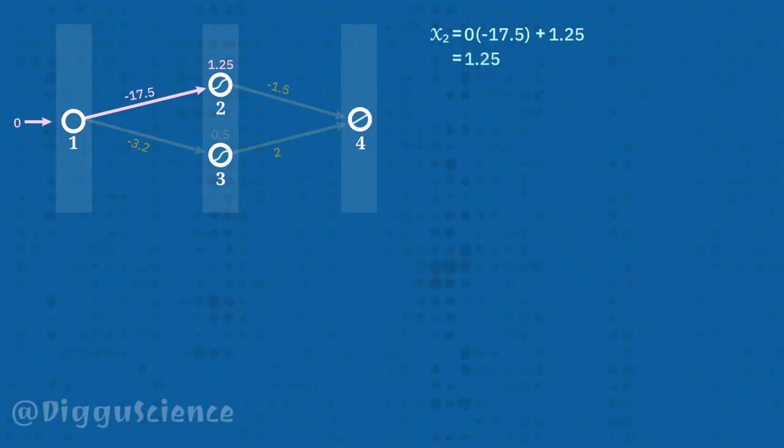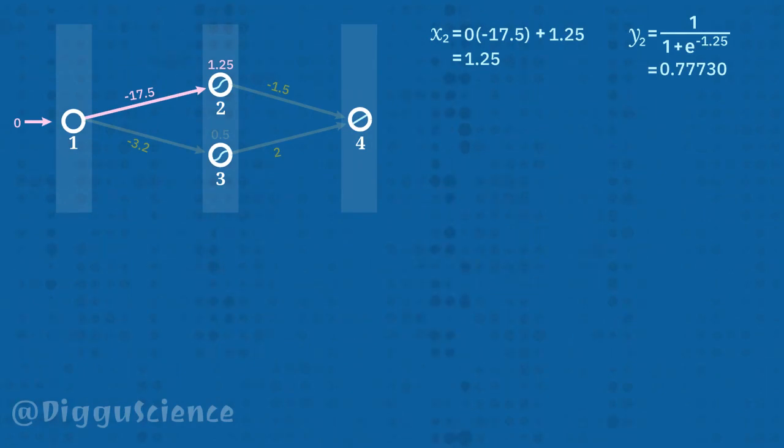The result is 1.25. This value will be processed by the activation function. For the sigmoid function, y2 is equal to 1 over 1 plus e to the power minus x2. Enter the value x2. y2 is equal to 0.77730.